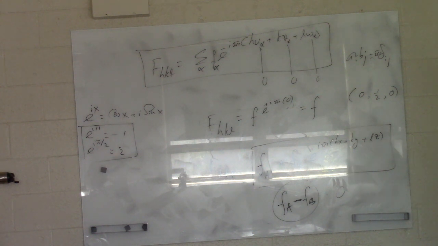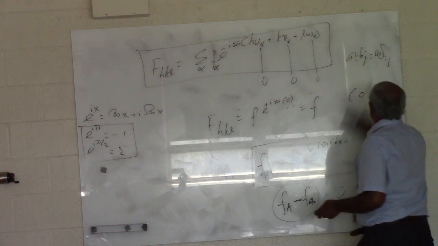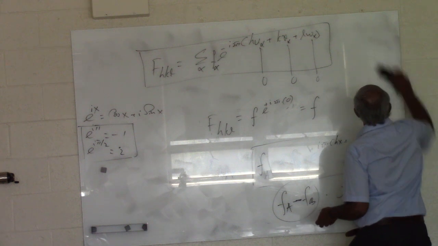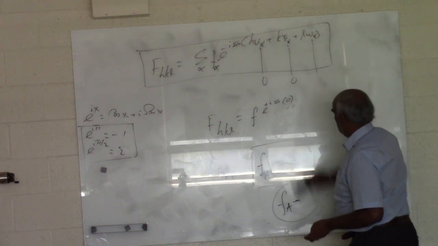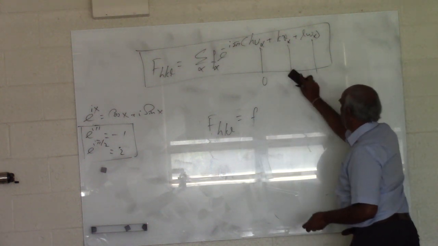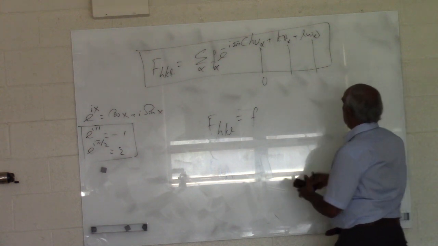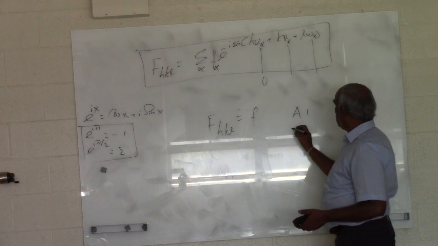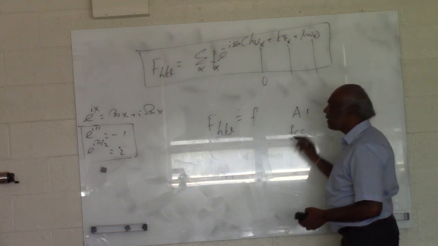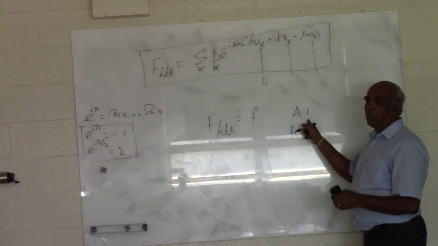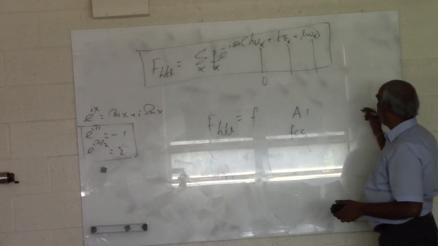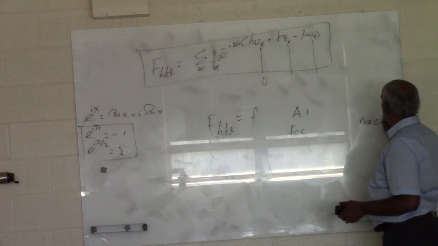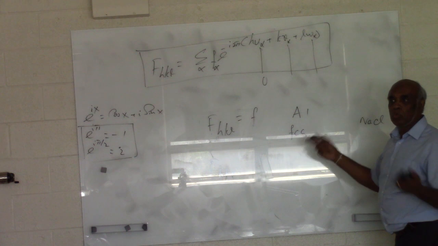So please remember, if anybody wants to follow this notation, typically any FCC structure that has the same atoms is called an A1 structure. But if you have a sodium chloride structure, they are two different atoms, right?